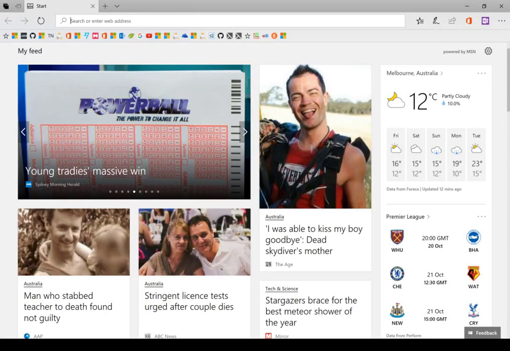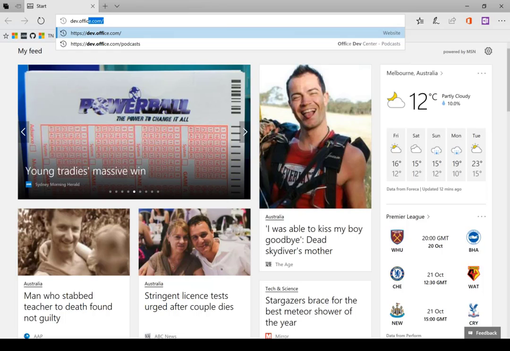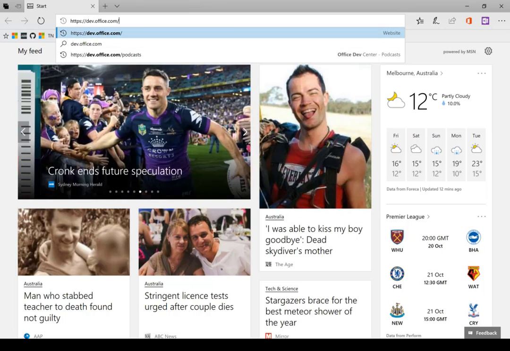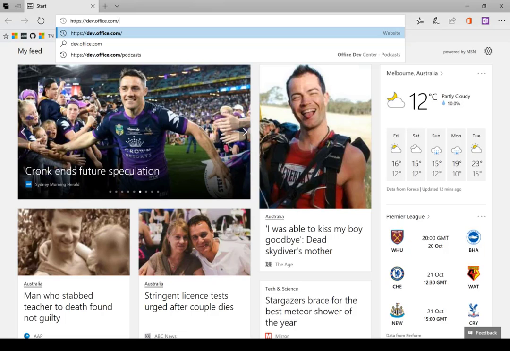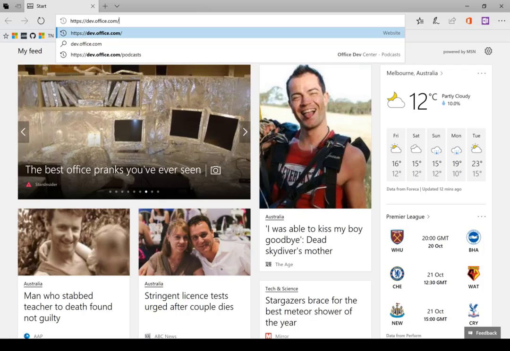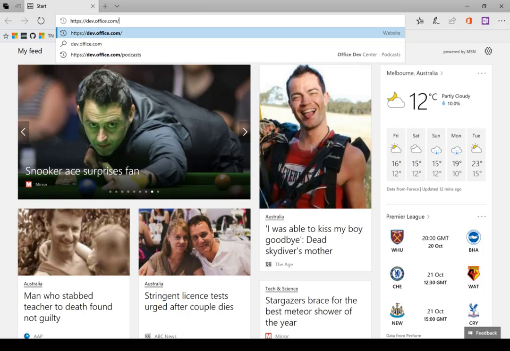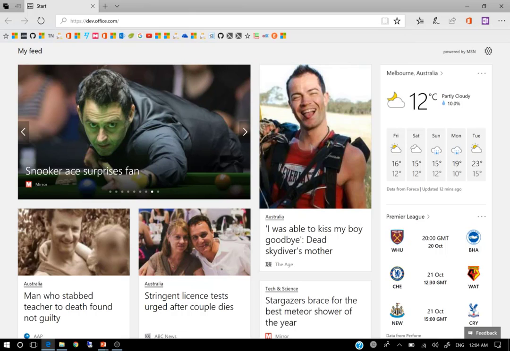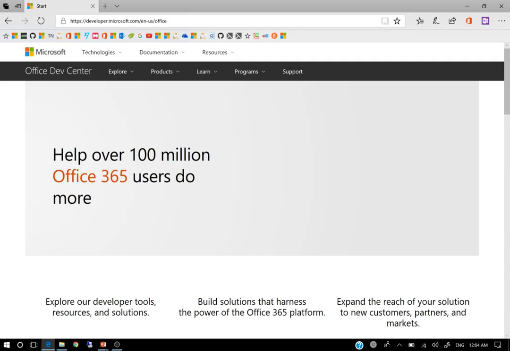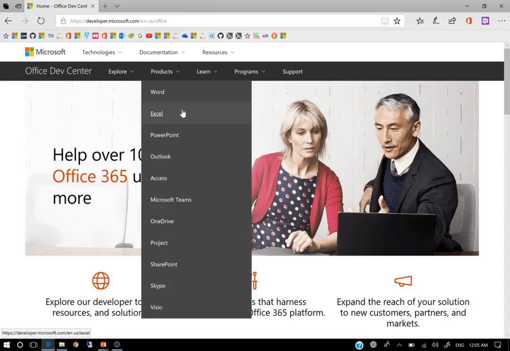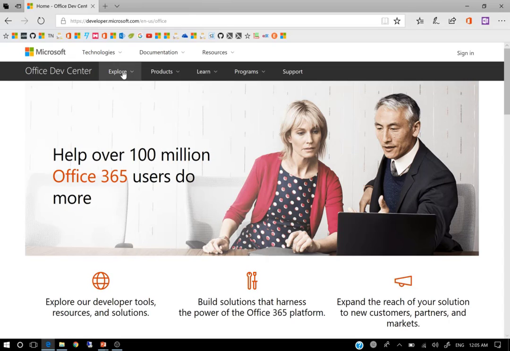If I hit dev.office.com, you might be wondering, the URL was developer.microsoft.com/office, so why am I going to dev.office.com? This used to be the URL which was very easy to remember, and when we hit it, it now goes to the same point. Yeah, developer.microsoft.com/office.